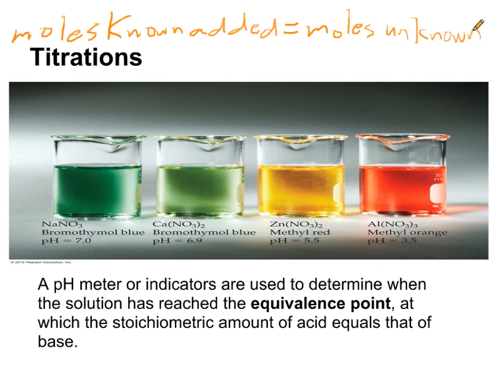Well, to be just a little bit more specific, the moles of the known base that you've added are equal to the moles of the unknown acid that were already there at the equivalence point. You're going to end up recording the volume of the known that you've added and doing some math from there. The pH meter or the color-changing indicators are used to let you know when you've reached that equivalence point volume.